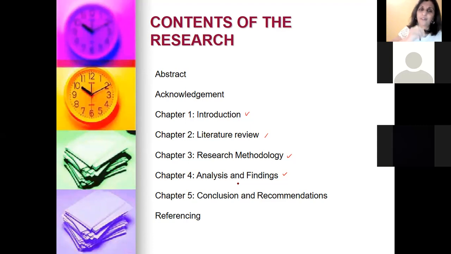And then what did you find? In the problem statement, you highlighted that there was a problem in the company. In the findings, you have to connect that findings to the research, to the problem statement in the research. All right.